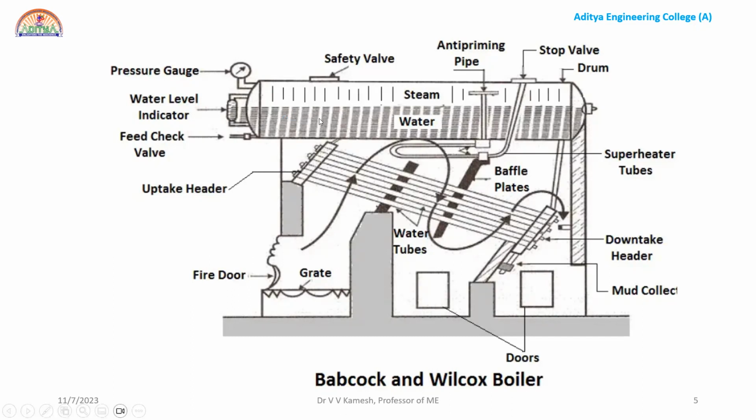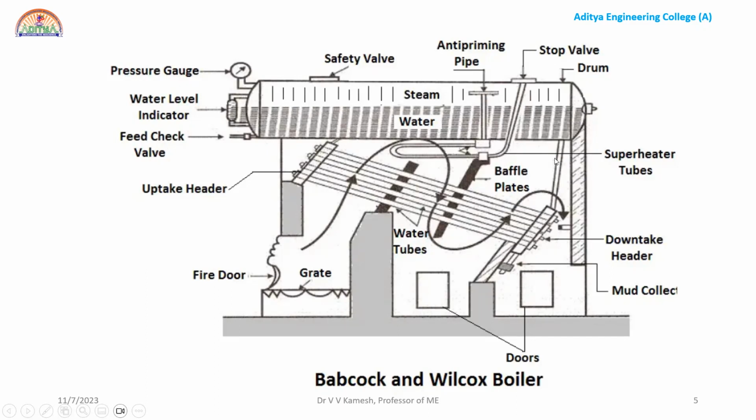initially the shell is filled with water to more than half, right? On the left a water level indicator is attached, and to make the water enter, a feed check valve. To get the pressure of the steam inside after production, we fix a pressure gauge and safety valve, anti-priming pipe, stop valve, and drum.